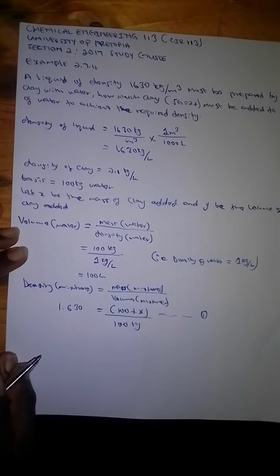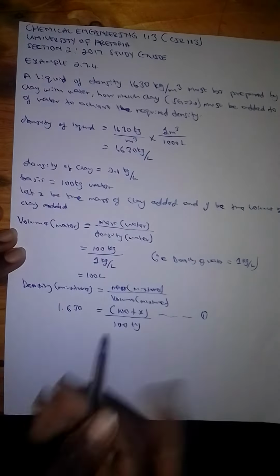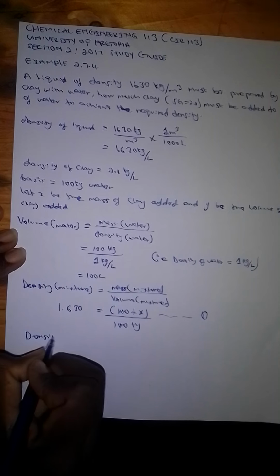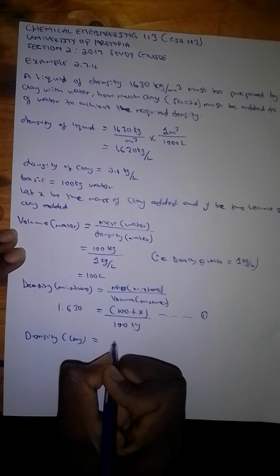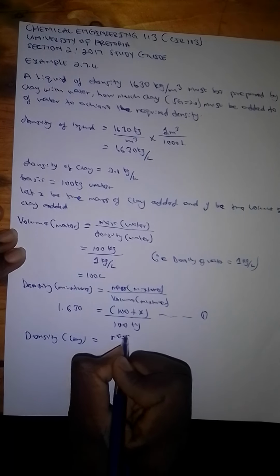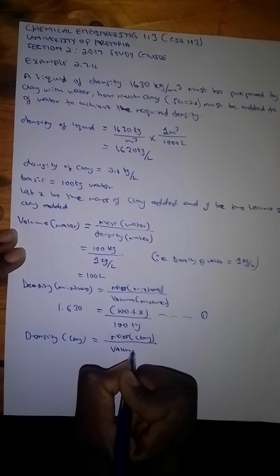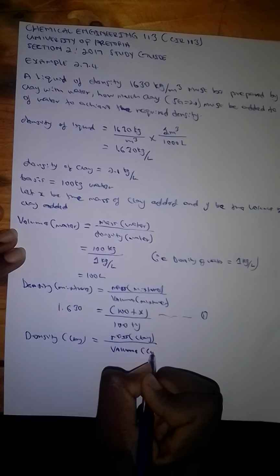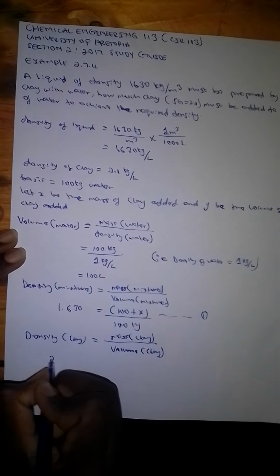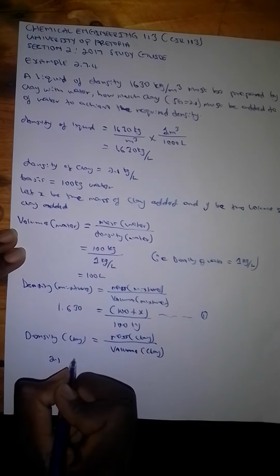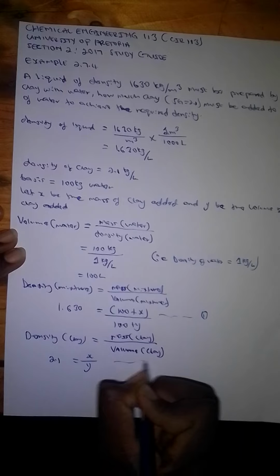For our second equation, we're going to use the SG of the clay. We know that the density of clay equals the mass of the clay over the volume of the clay. The density of the clay, we know it as 2.1 kilograms per liter, is equal to the mass of the clay x over the volume of the clay y.